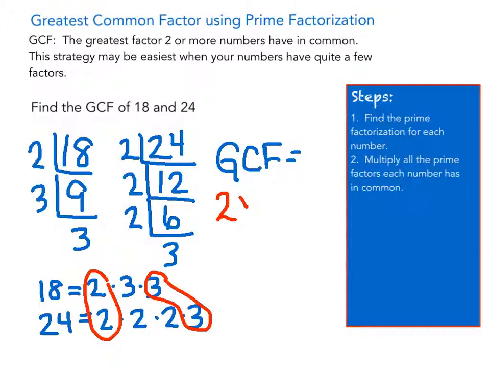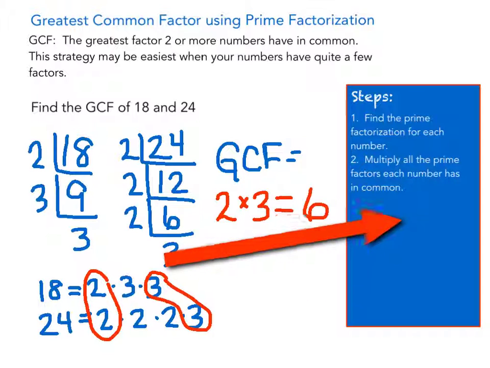Therefore, I need to multiply a 3. Those are the only two prime factors that 18 and 24 have in common. So when I multiply those, I get 6, and that is your greatest common factor. At this point, I would suggest pausing and copying the steps down along with the example.